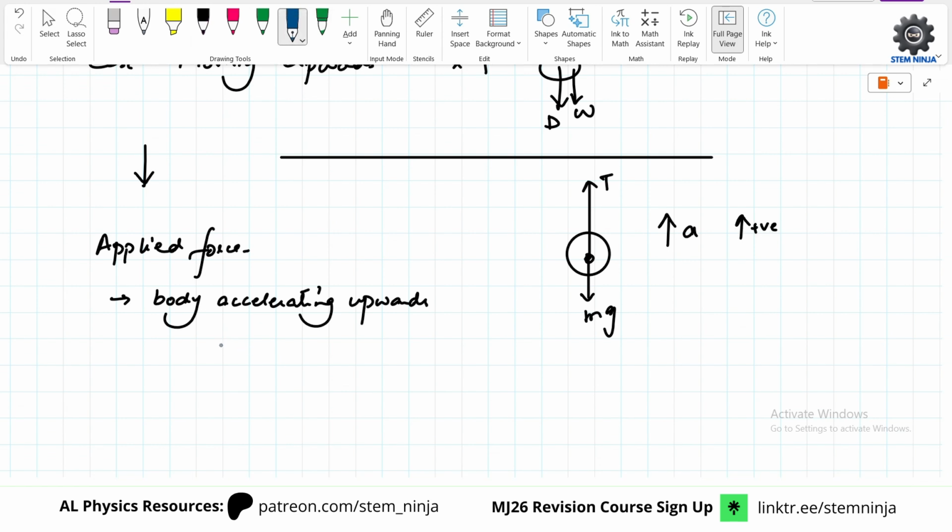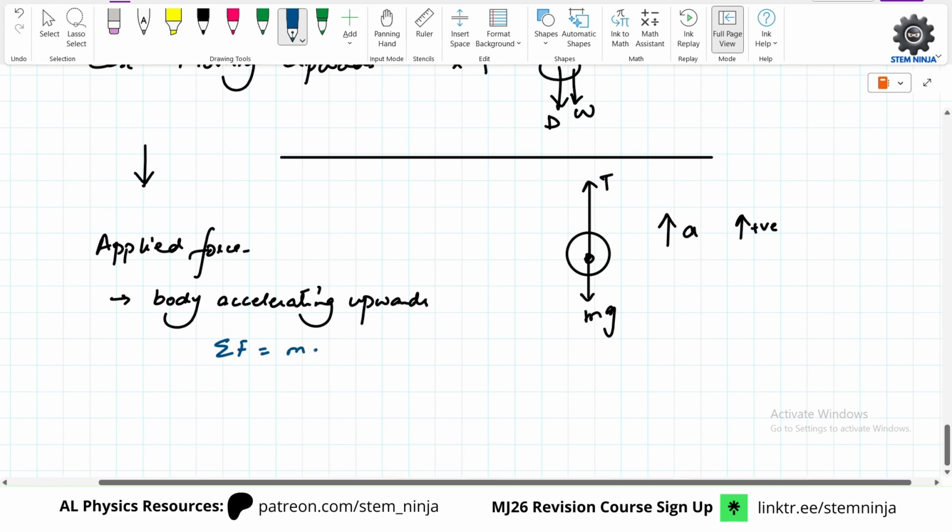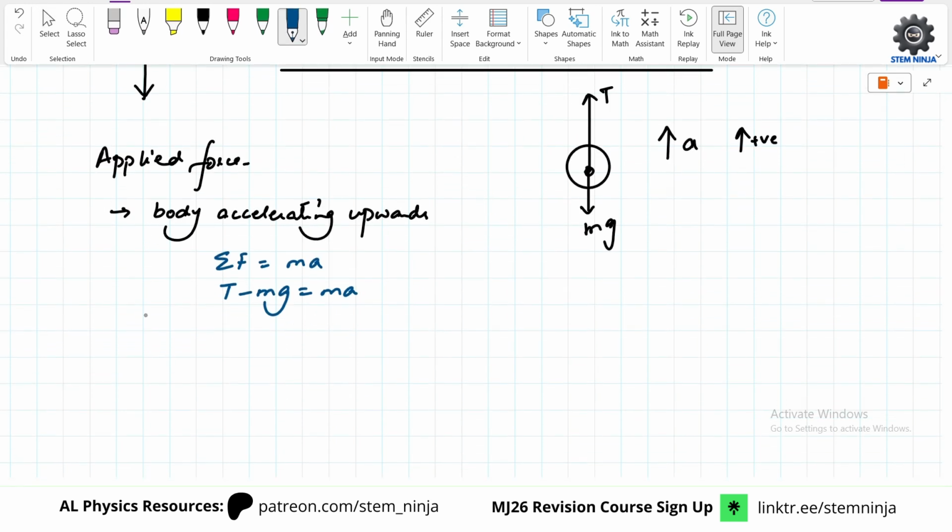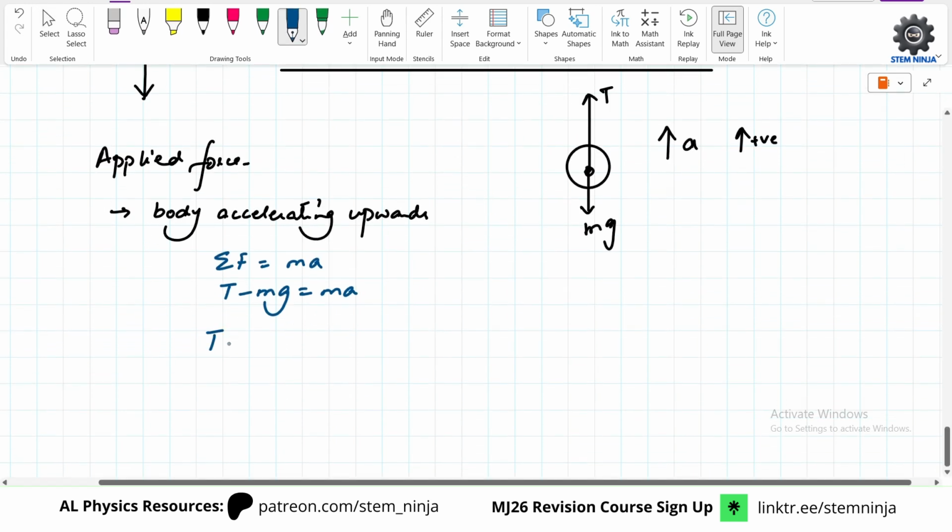So in this case, what will happen is sigma F equals ma becomes T minus mg equals ma. And once you multiply s on both sides, when you convert it into a work thing, this would become Ts minus mgs equals half m v squared minus u squared. Ts becomes half m v squared minus u squared plus mgs.